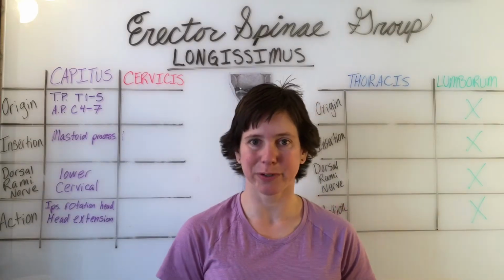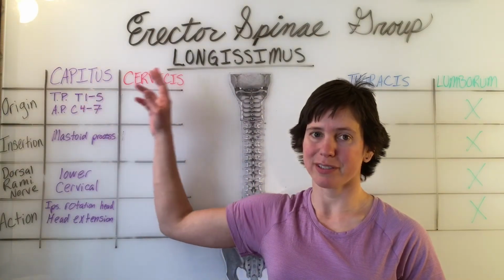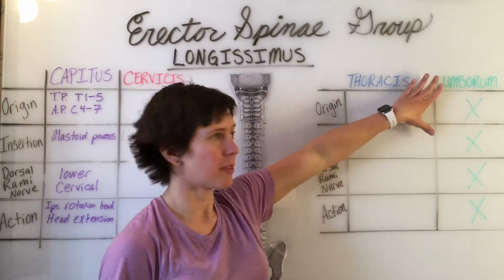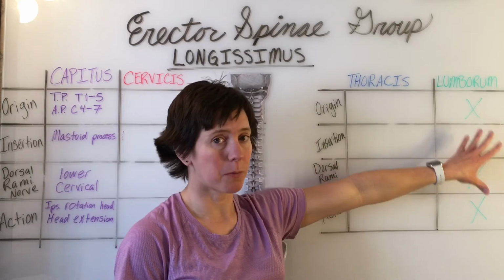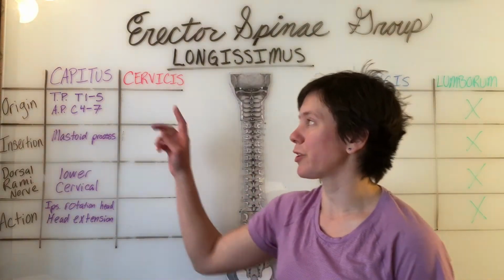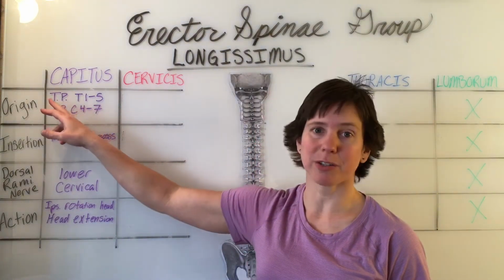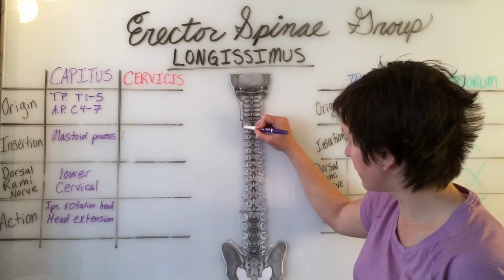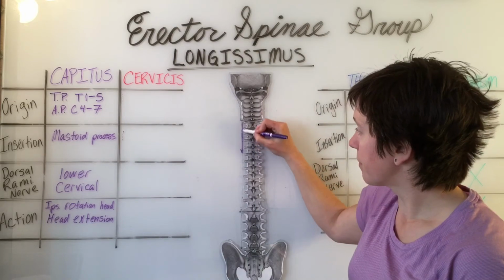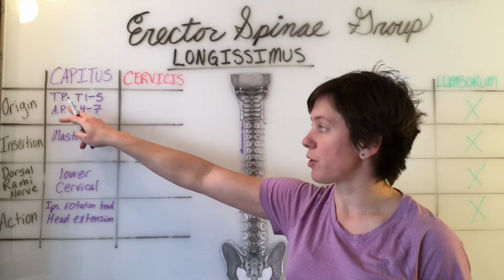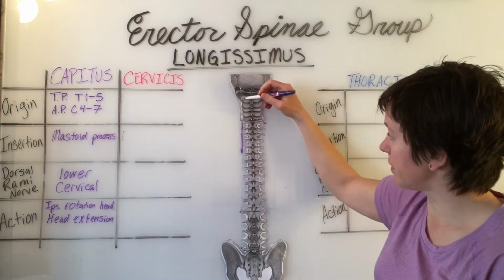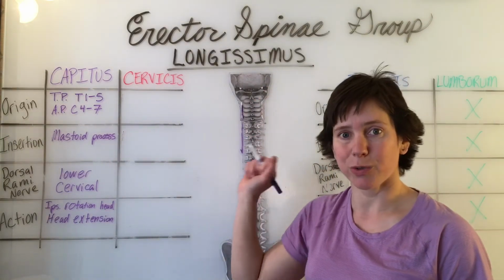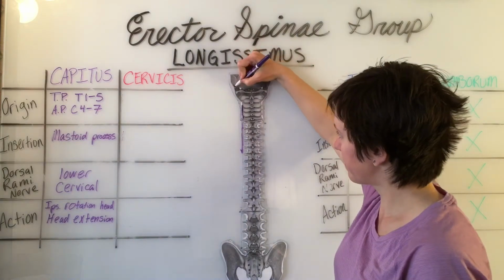The Longissimus group consists of a capitis, a Longissimus cervicis, and a Longissimus thoracis. There's no Longissimus lumborum. So we'll start with the Longissimus capitis that originates on the transverse process of T1 through 5 and the articular process of C4 through 7, and it will travel superiorly to insert on the mastoid process.